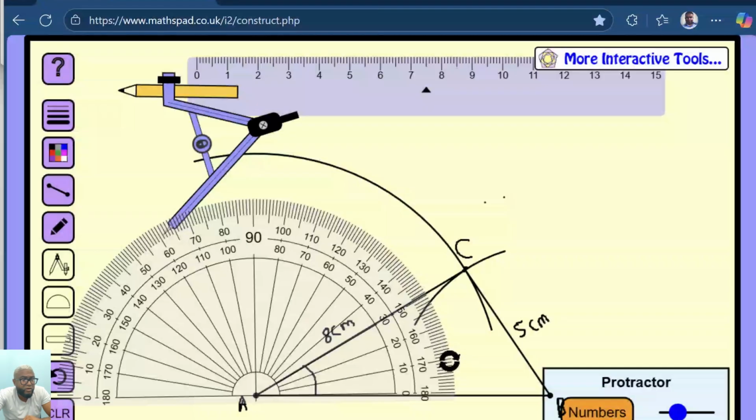That means something is off with the drawing, so you have to check it. When drawing the 8 centimeter arc, make sure your compass doesn't slip, because if it slips you will get an off reading. Anybody get 30?